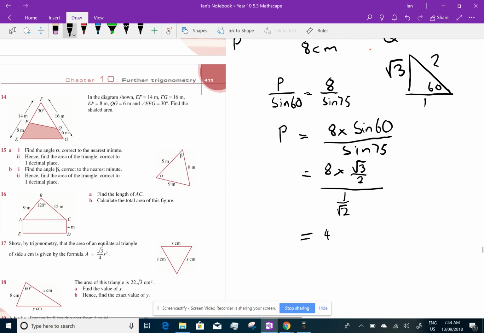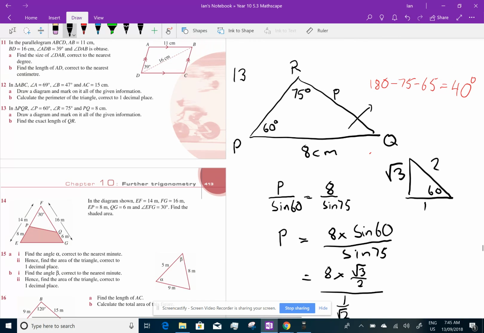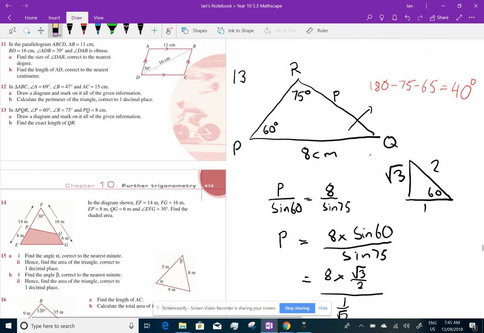So that gives me 4 root 3 multiplied by the reciprocal root 2, which gives me 4 root 6. So I think that's a typo. I think that is meant to be 45, which will then make that 70.